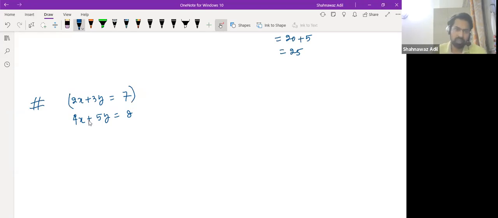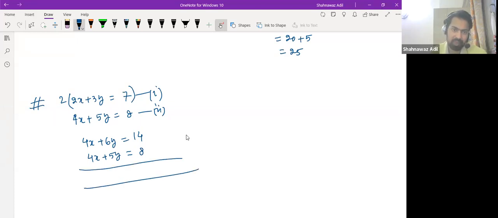2. So earlier this was 1, this was 2. So now this equation would be 4x plus 6y, and this is 14. And then the second equation is 4x plus 5y, this is 8. So now these are the same. So we should add or subtract. We should subtract. Yeah, so subtract these ones.